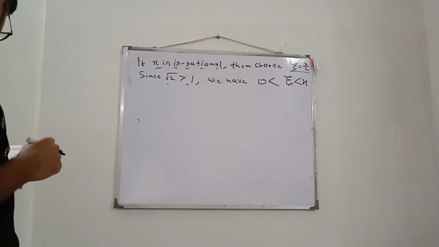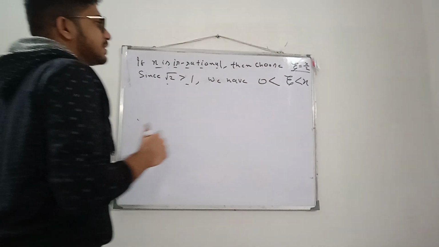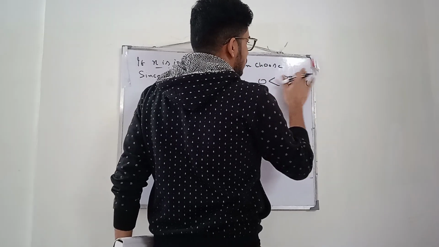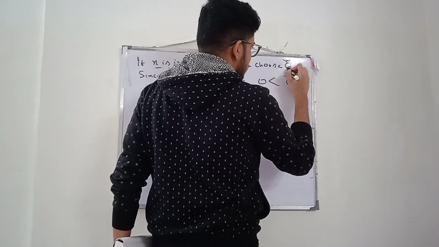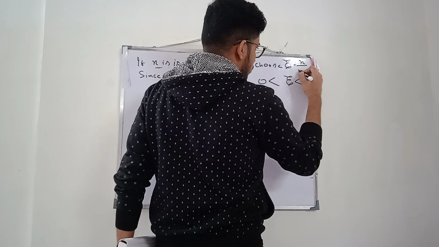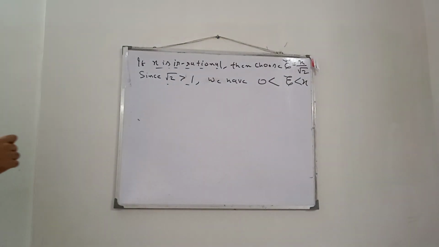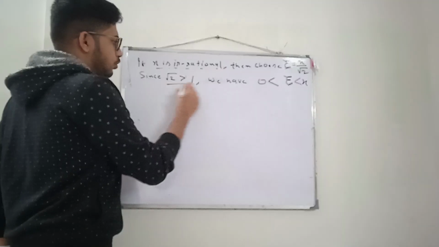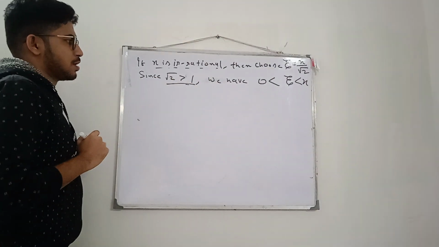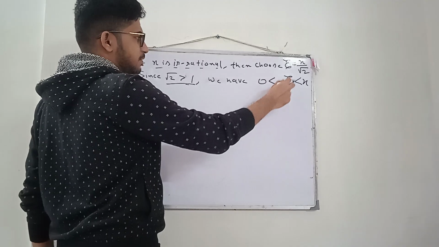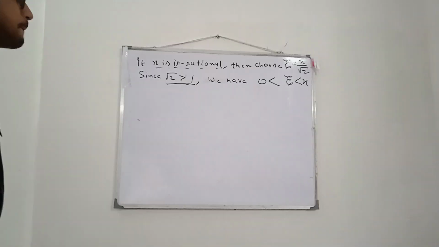Now this is not 2, this is root 2. Here root 2 is greater than 1, so we have 0 less than this one.